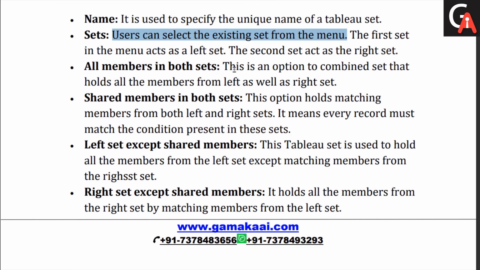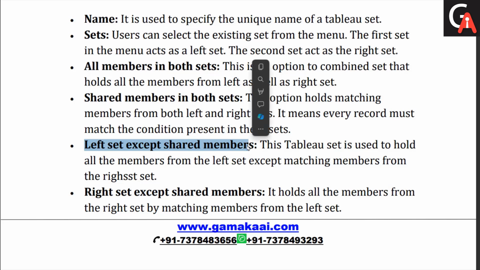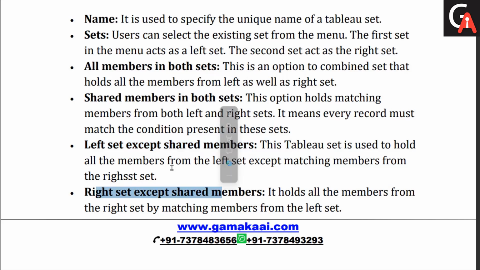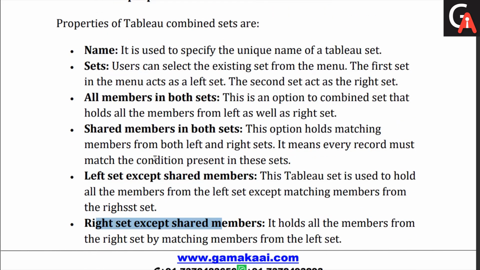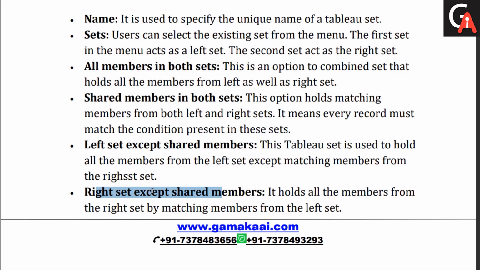There is an option to combine the sets that holds all the members from the left as well as the right. The shared members option holds the shared members only, the common records only. Then there are left set except the shared members, which is another way of getting the data, and right set except the shared members. So in a nutshell, these are the options we have when we combine sets.